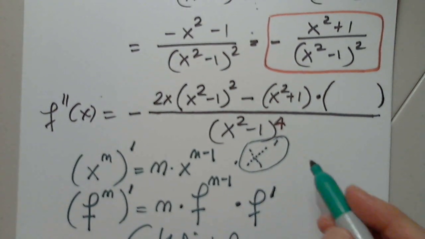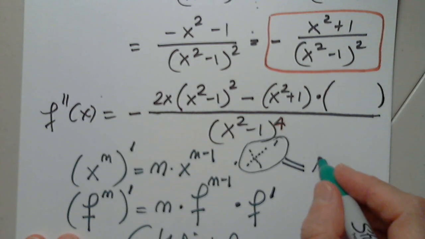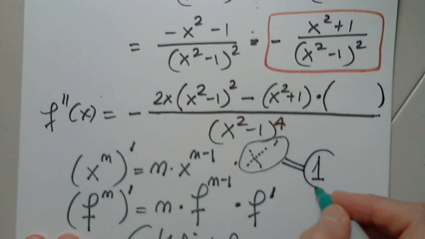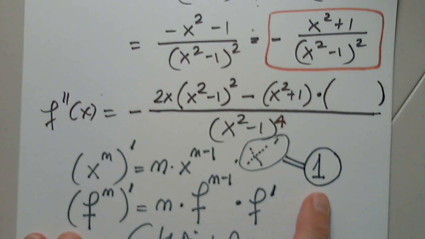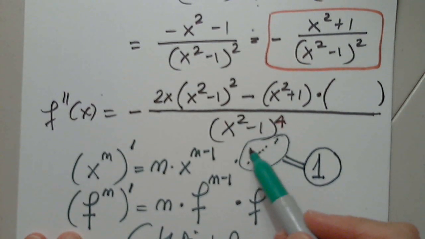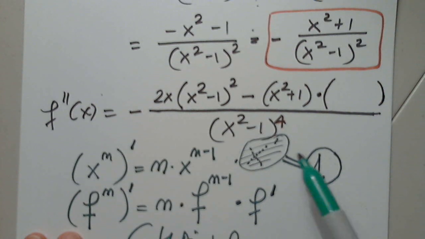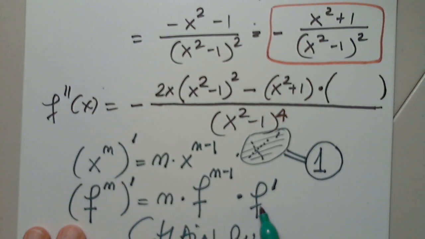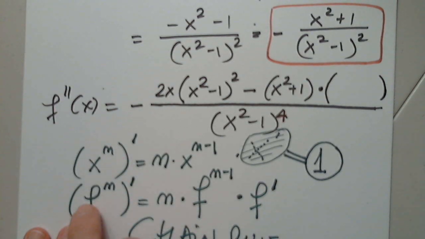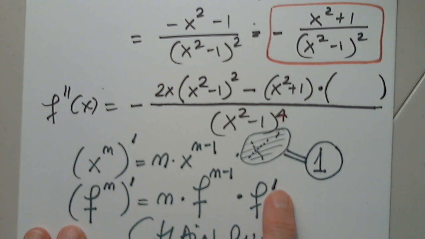It's just because this is 1. Because x prime is 1. That's why we omitted this. We didn't write it because it was 1. But here it's not 1, so I can no longer omit it. It's the inner function prime.